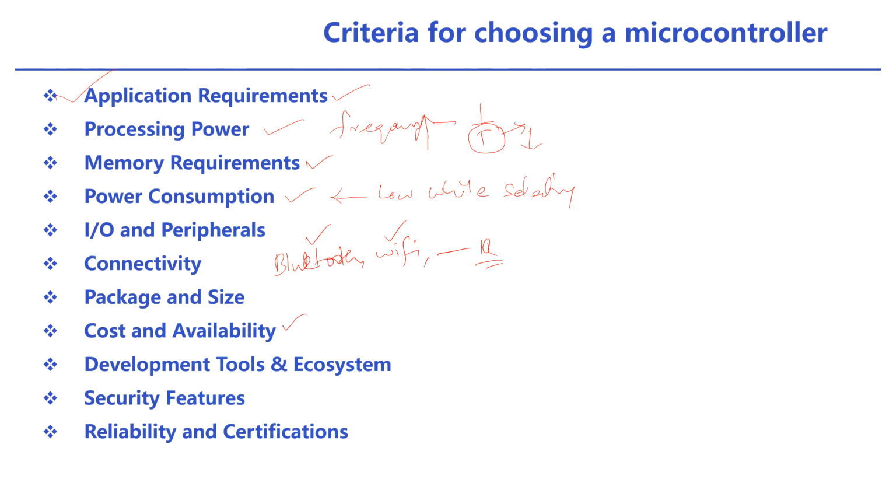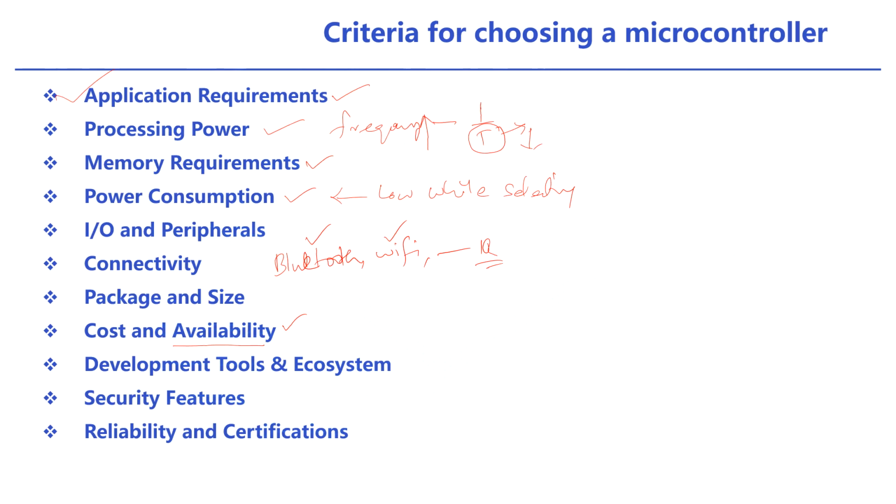Next, cost and availability. When you are developing any product, cost matters. Why? Because if the cost is low, then most users may buy your product. And one more thing, availability is also important. Why? Because suppose you manufactured 1 lakh products.